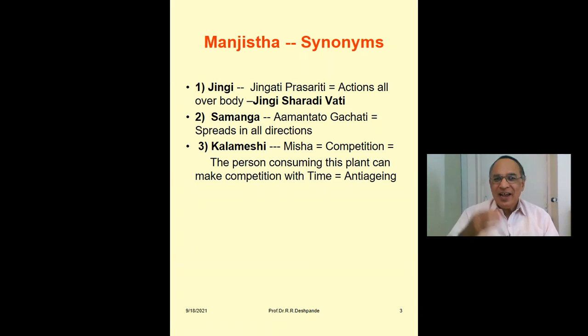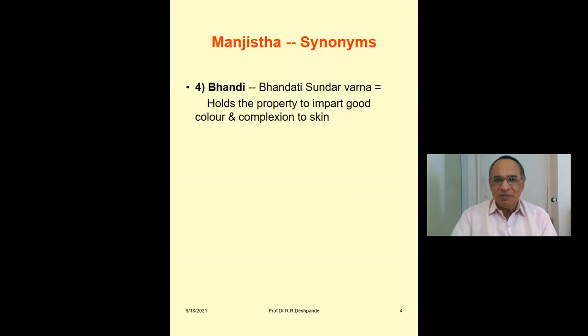That is called anti-aging medicine. It can keep your youth and will not make you old. No wrinkles, no problem with the mental faculty, no problem with digestion. So Manjistha can be used as a rasayana, a rejuvenating or anti-aging herb.